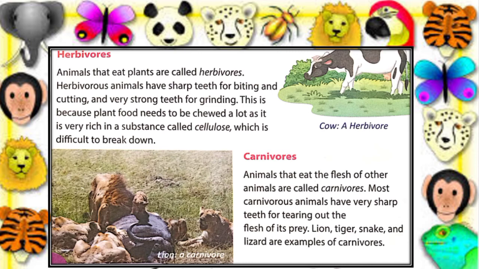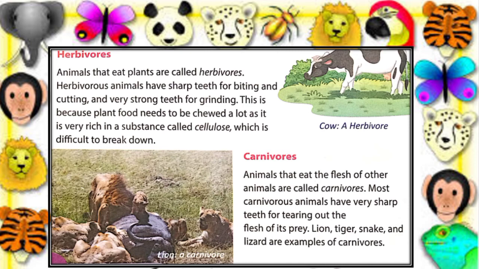Now let's understand what animals eat. So as you know, different animals eat different things. All animals need food to survive, and they eat many different kinds of food, including other animals, fish, nuts, seeds, tree leaves, branches, insects and grass.